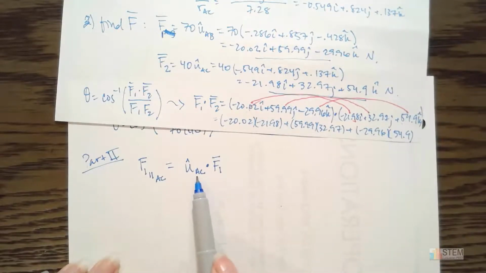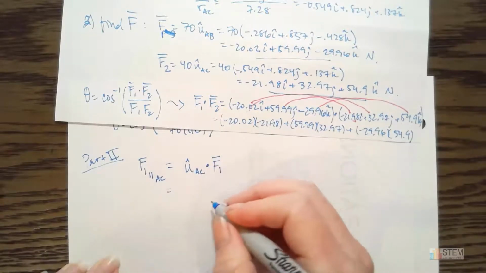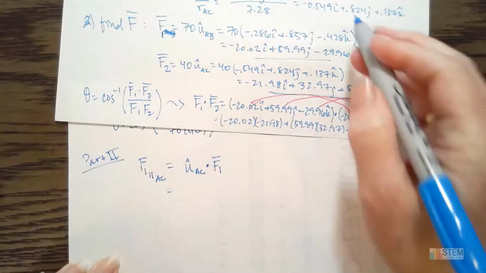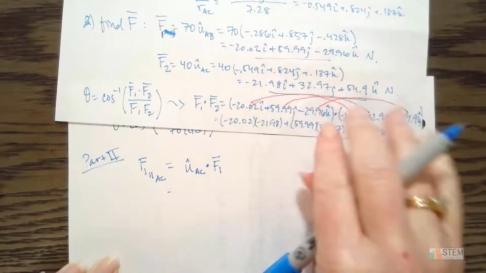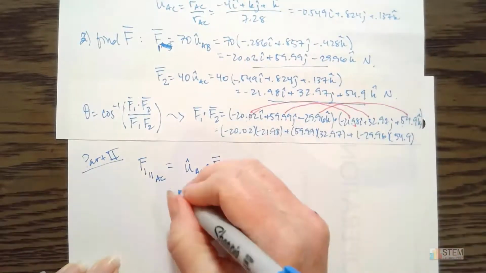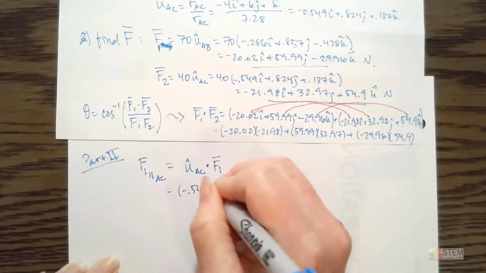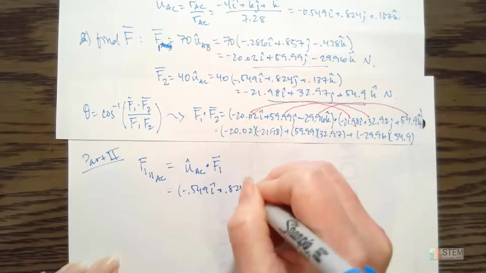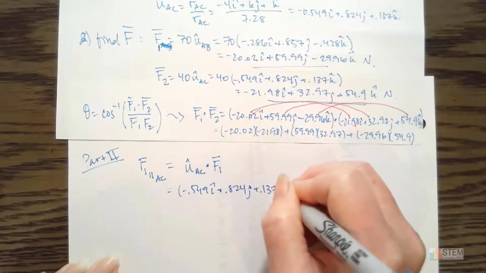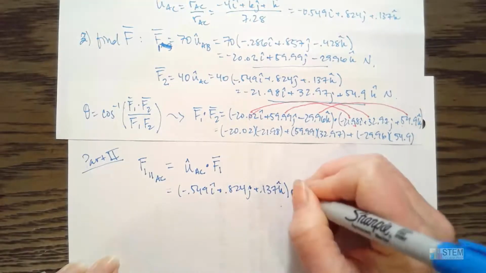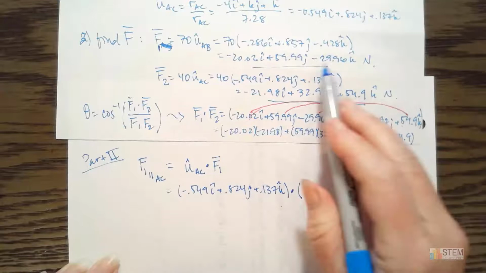So we already found the unit vector for AC, and we already found F1. We just need to dot them together. So UAC was right here. So let's put that in here. All right, so there's UAC, and then we're going to dot it with F1. F1 is right here.